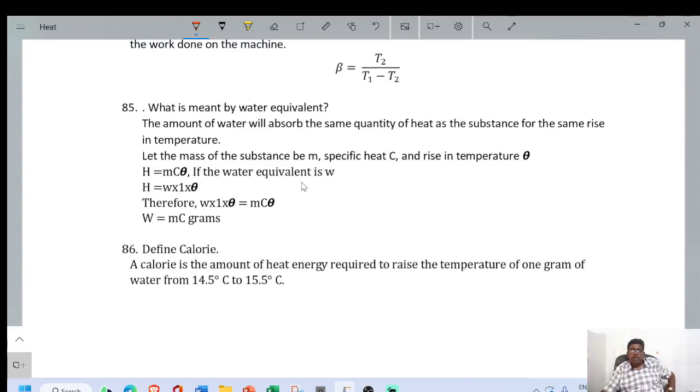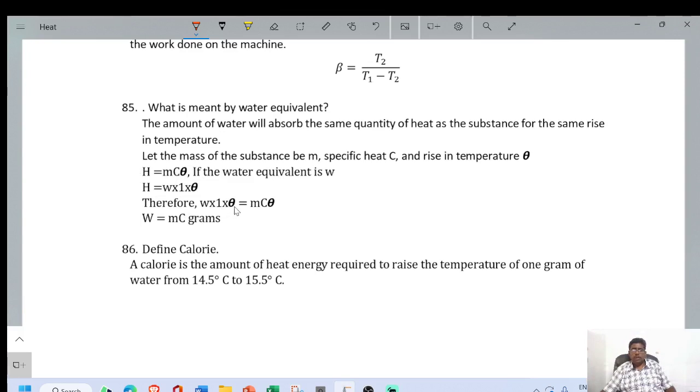What is meant by water equivalent? The amount of water which will absorb the same quantity of heat as the substance for the same rise in temperature is called water equivalent. Let the mass of the substance be m, specific heat c, and rise in temperature theta, H equal to m c theta. This is our heat capacity. If the water equivalent is W, H equal to W into 1 into theta.